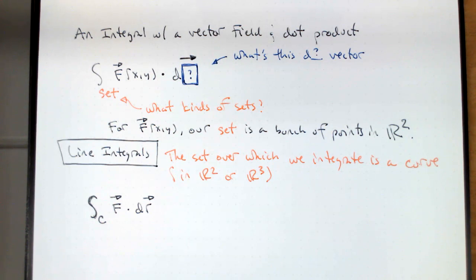We're going to assume that the vector field is constant for some small change in points on the curve C. So C is some curve running through a vector field.